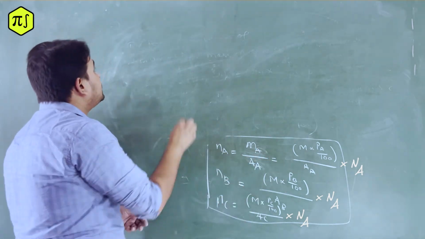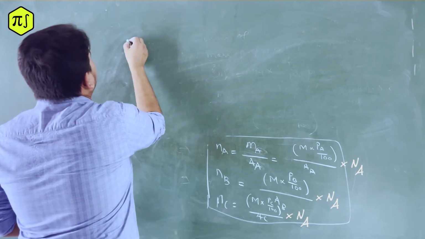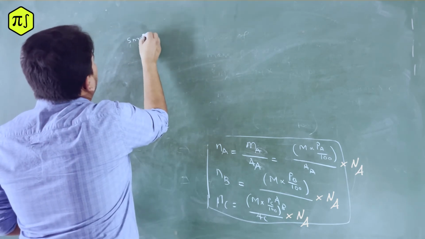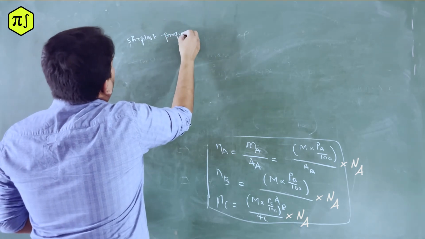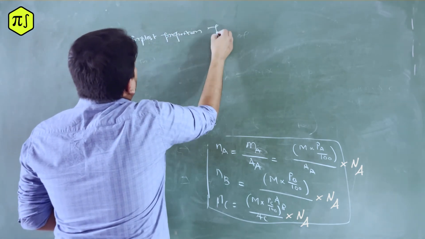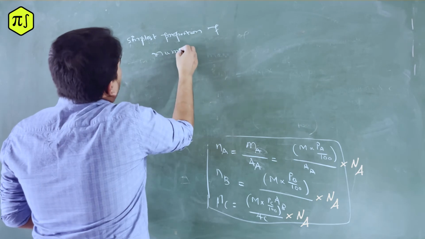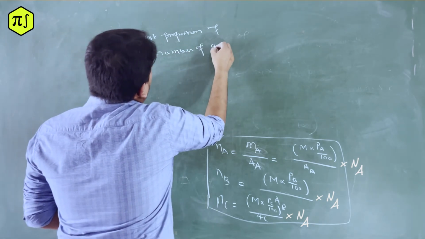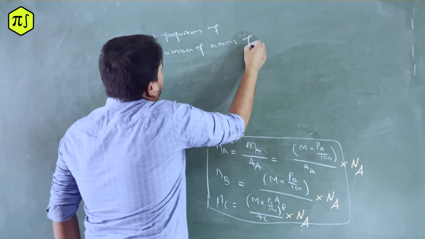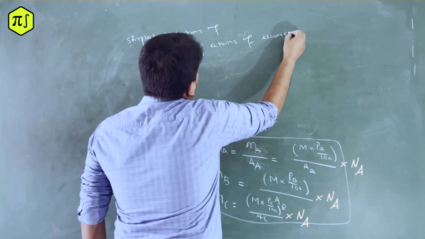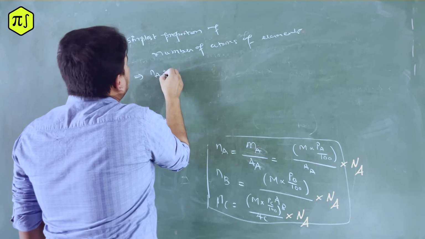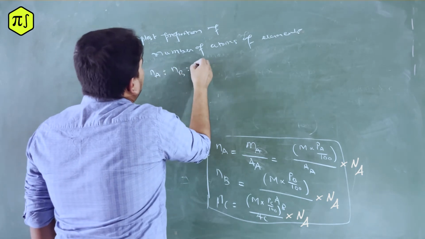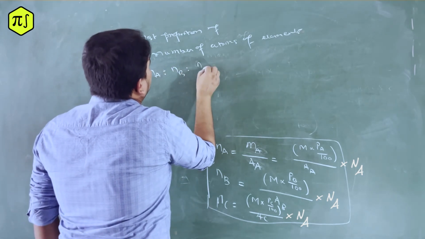So anyway, guys, now the simplest proportion of the number of atoms of the elements we can write down as NA colon NB colon NC.